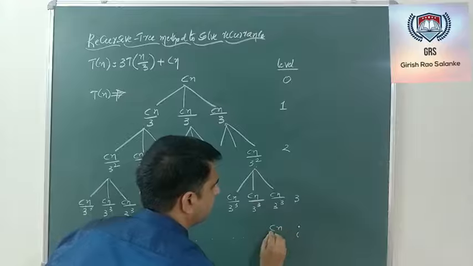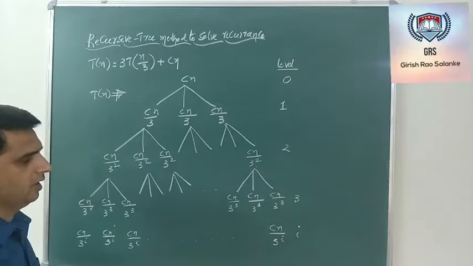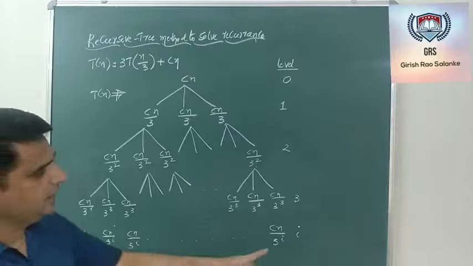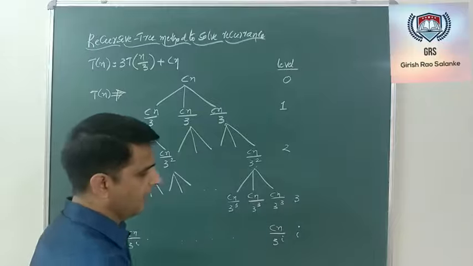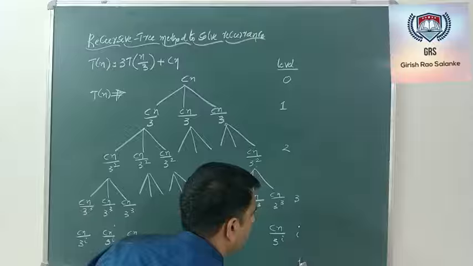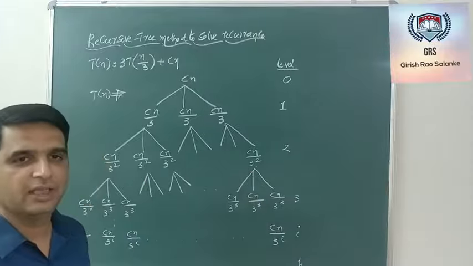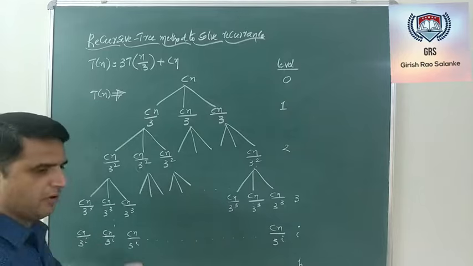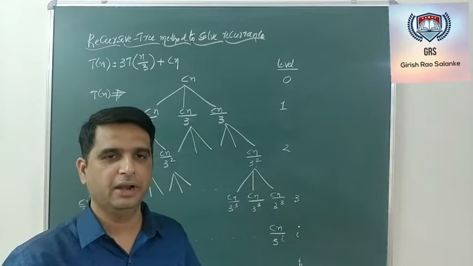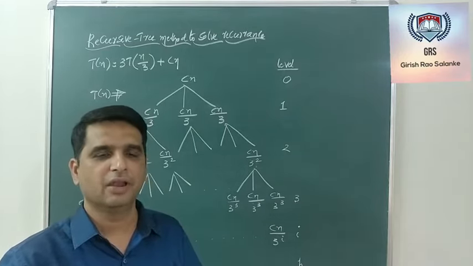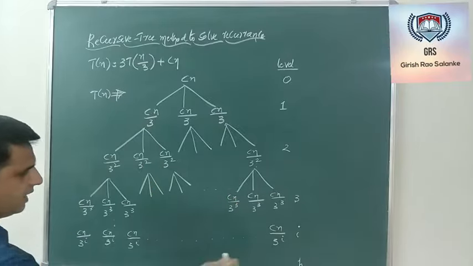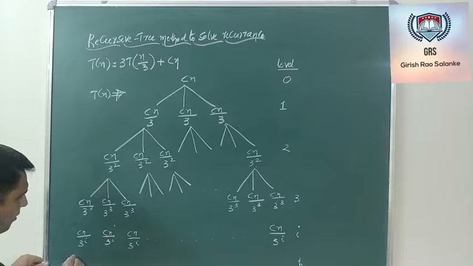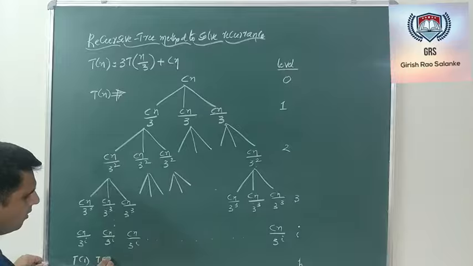Even somewhere here it is cn divided by 3 to the power of i. This was at the ith level. Now at the last level, maybe at level h, all this will be further divided into T(1). So that was the last level. So finally at the last level I will have T(1).